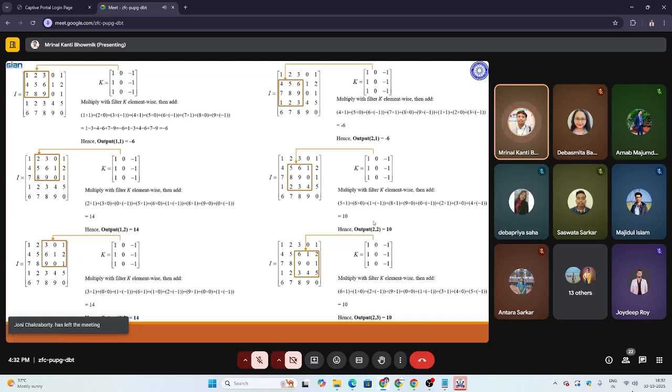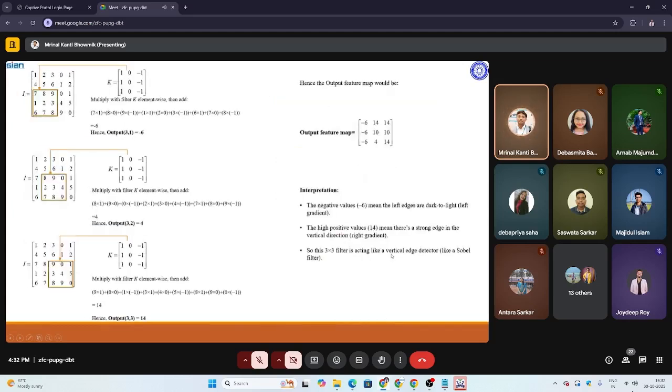The output for 2 1 is minus 6, 2 2 is 10, and 2 3 is 10. Output 3 1 is also minus 6, then 4 and 14. So the output feature map takes all 9 values: minus 6, 4, 14.